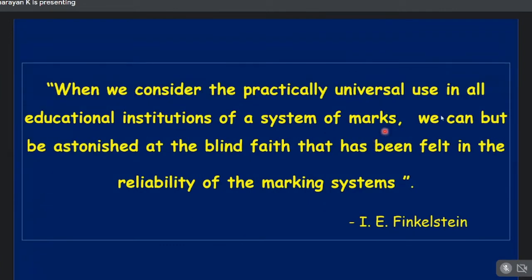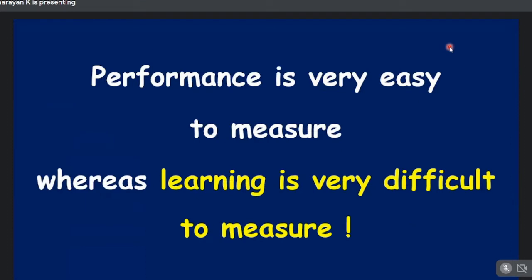We think it is the gold standard. Having a mark or a grade or a class is the gold standard of learning, which is rather unfortunate, because performance is very easy to measure.